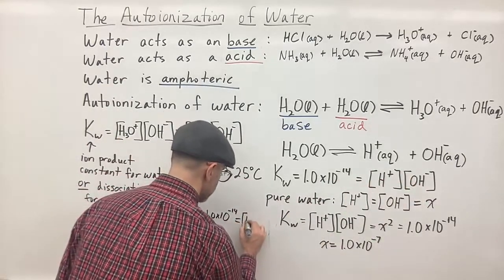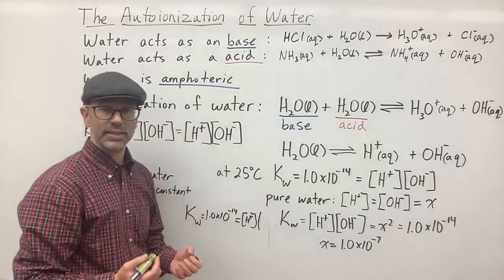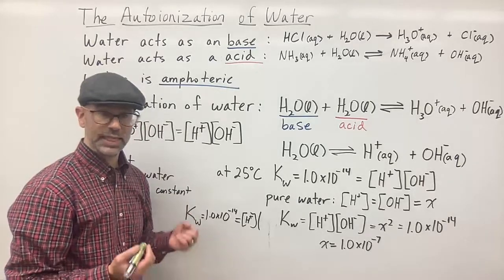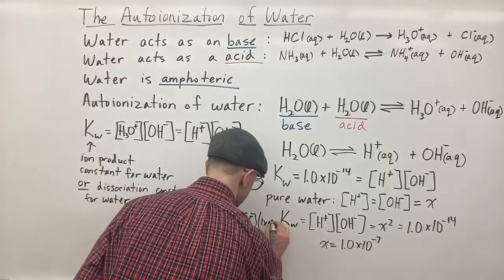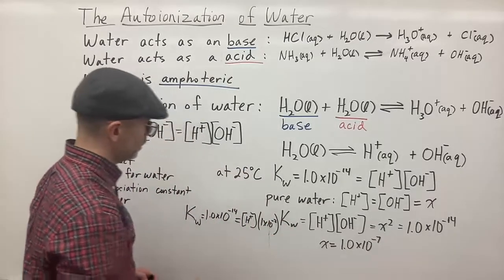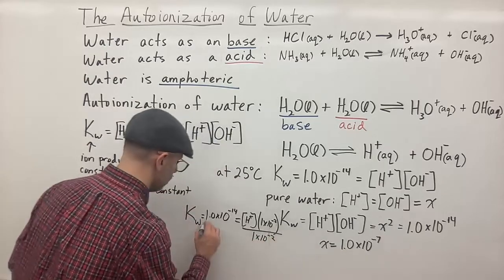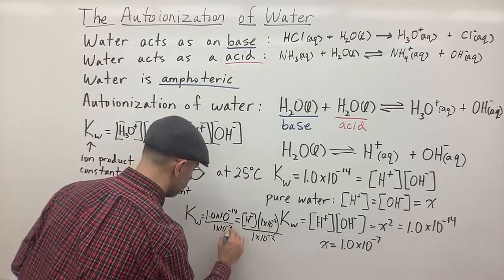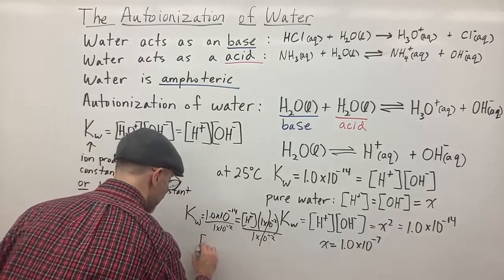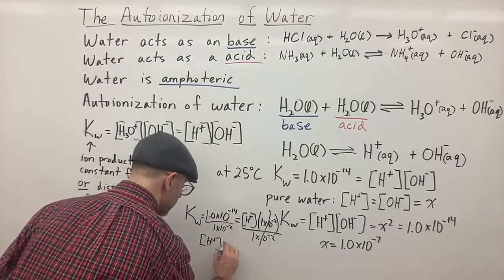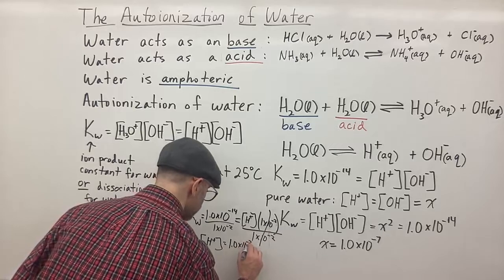This time the OH minus concentration is 1.0 times 10 to the negative 2. So this time we divide both sides by 1 times 10 to the negative 2, so this cancels out. And then here, the H plus concentration is equal to 1.0 times 10 to the negative 12.